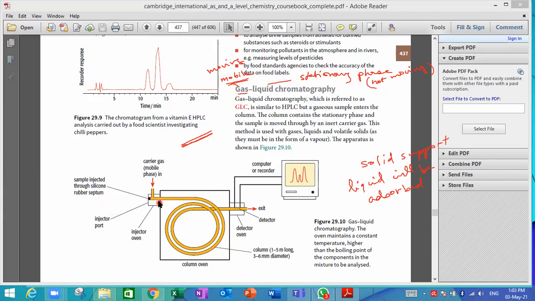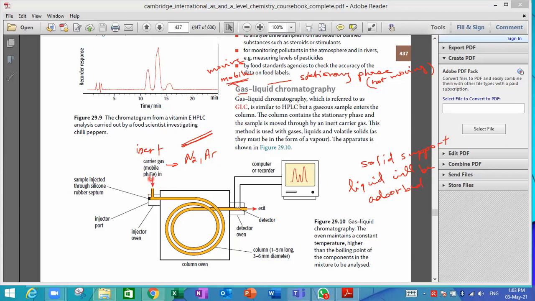So at the beginning here, as you see, the carrier gas or the mobile gas is placed from here. Of course, the mobile phase, which is the carrier gas, should be an inert gas, so as not to react with our components in the mixture. So we can use either nitrogen, or argon, or any other inert gas.